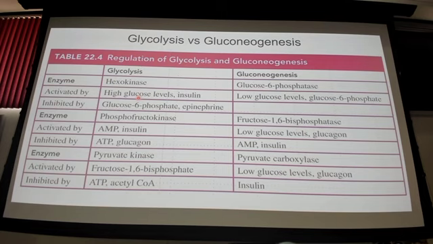We know that hexokinase is activated by insulin and high glucose levels. It's inhibited by high glucose 6-phosphate levels. PFK is activated by AMP and ADP and inhibited by ATP, and pyruvate kinase, or PK, is activated by fructose 1,6-bisphosphate and inhibited by ATP.